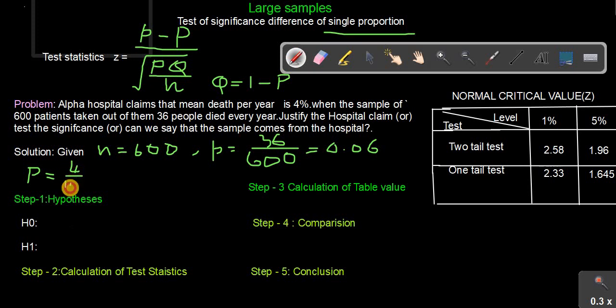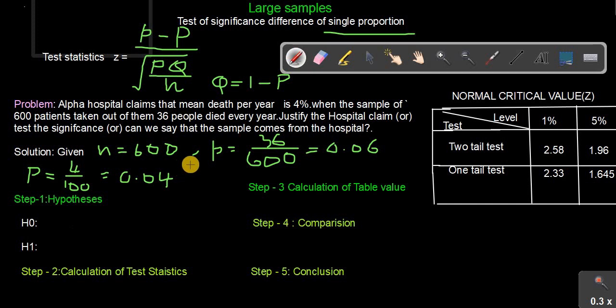That is the proportion here. Which proportion? The hospital proportion. In decimal terms we can say 0.04. So this is the hospital proportion given to us. This is what we have to justify here.